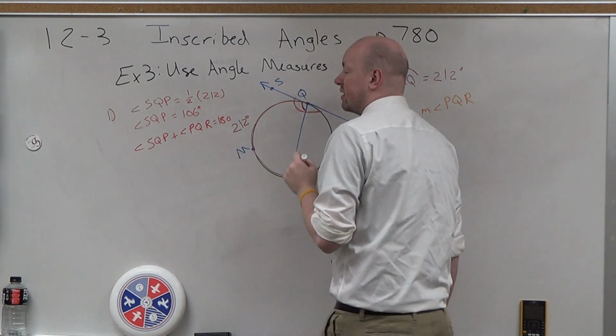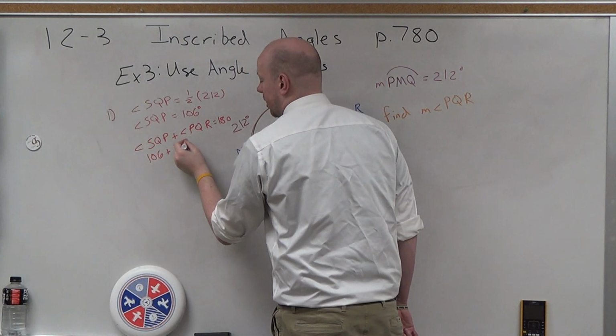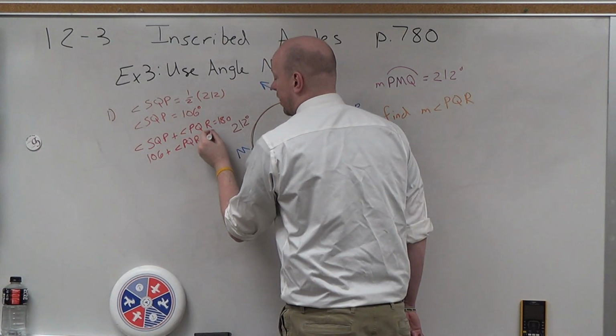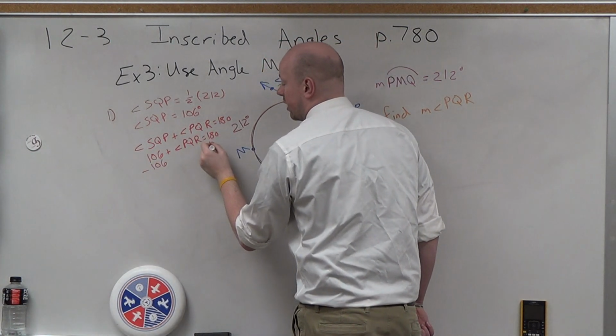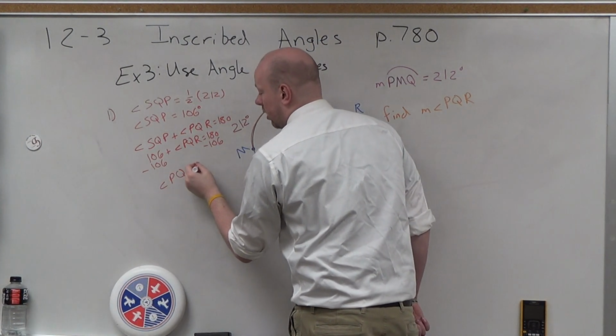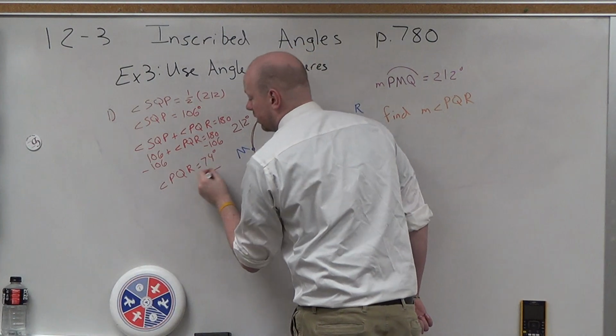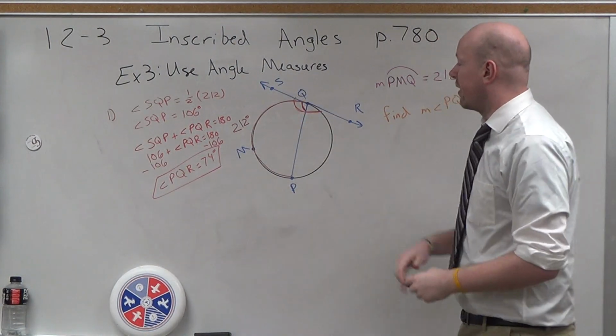And because we know SQP is 106, 106 plus PQR equals 180. And then we could just subtract 106 from each side. So angle PQR equals 74 degrees. Okay. That's one way we could have done it. We could have said 212, boom, supplementary lines.